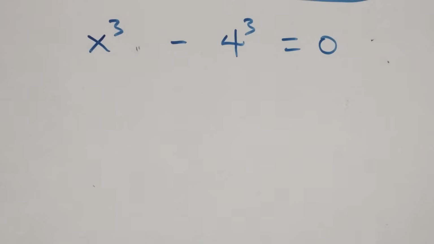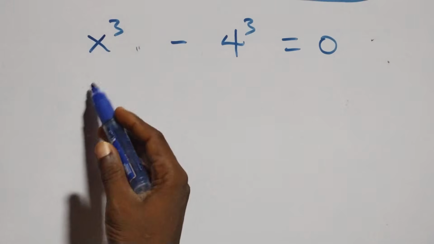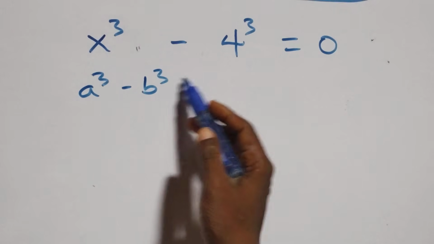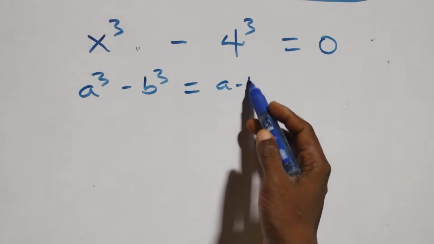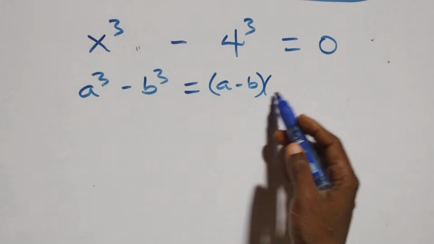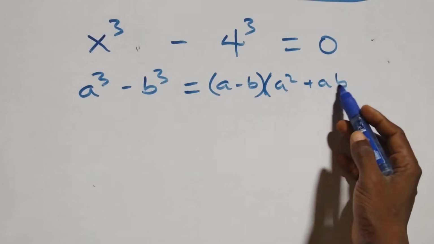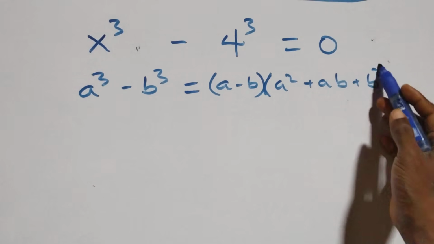Then, solving from the second case as well, this follows when we have a raised to power 3 minus b raised to power 3, which is the same thing as a minus b into open bracket a squared plus ab plus b squared.